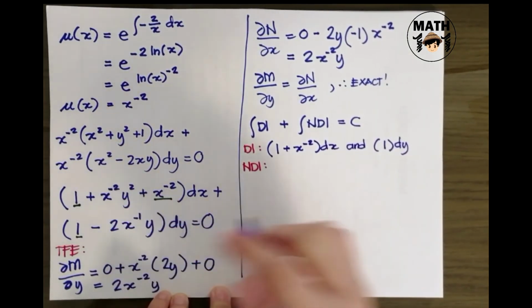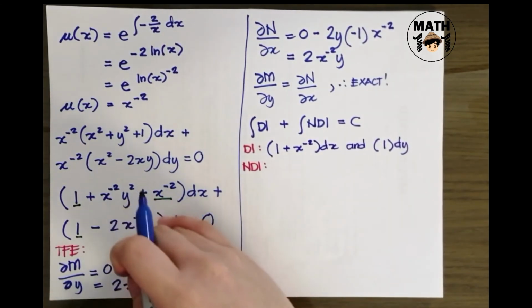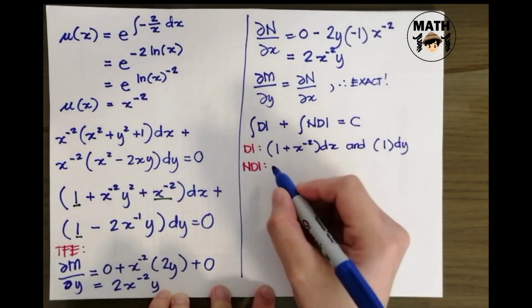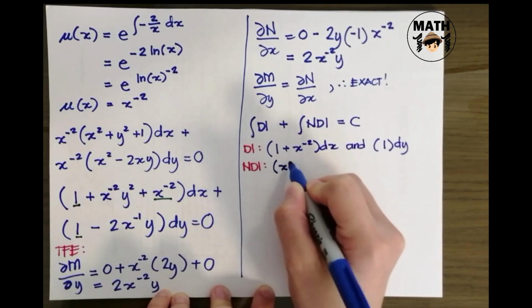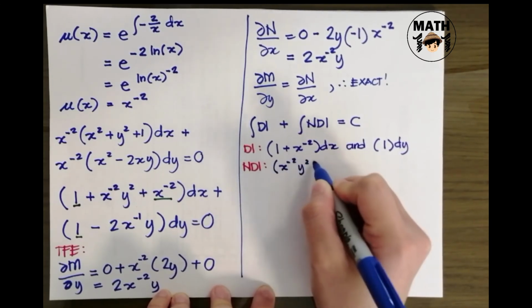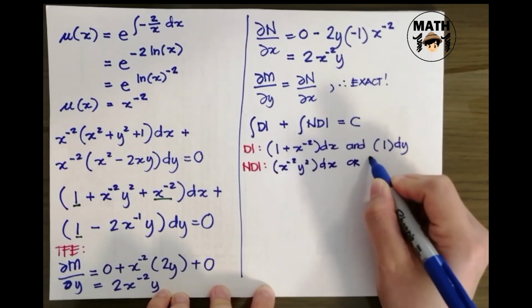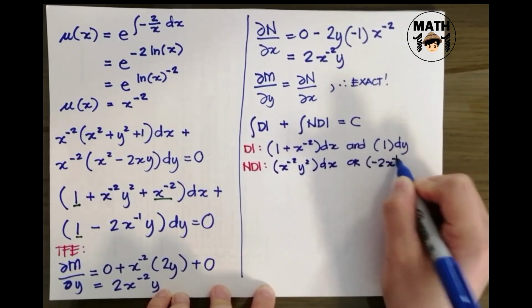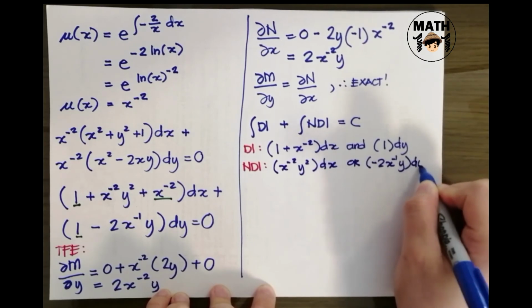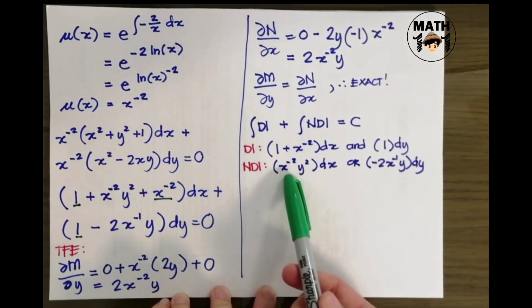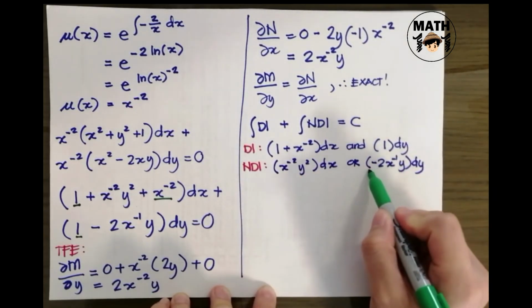Lahat ng natira ay non-directly integrable na and pipili lang tayo kung sino doon yung i-integrate natin. It's either x raised to negative 2 y squared dx or negative 2 x raised to negative 1 y dy. Ang pipiliin ko kay non-directly integrable ay ito.